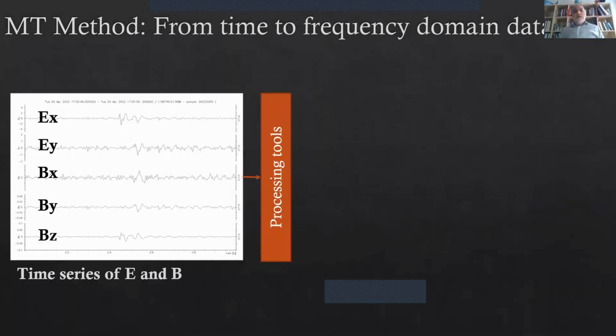Now, once you have collected the time series of the electric and magnetic field, this figure shows some time series traces, and usually in the field, people look at the signal on each of these components and do some QC in order to decide whether the data are usable or one needs to recollect the data at some specific site.